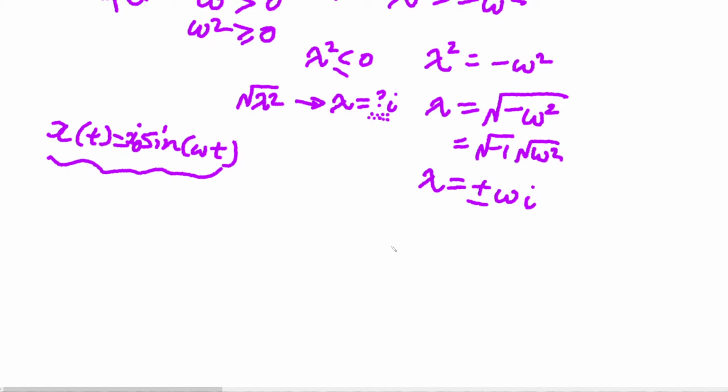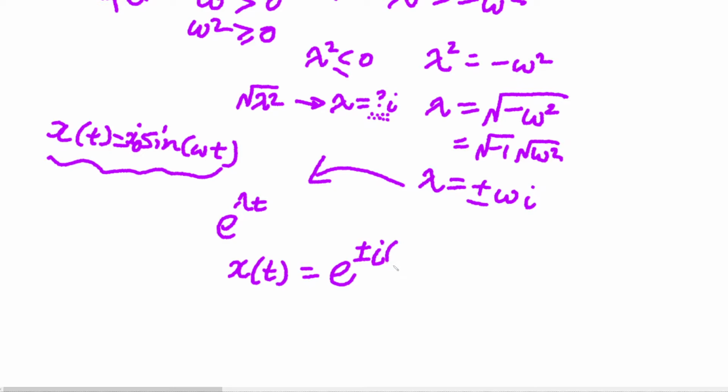Because if we substitute this lambda back into the e to the lambda t expression that we thought x was going to be, then we get x(t) is e to the plus or minus i omega t.